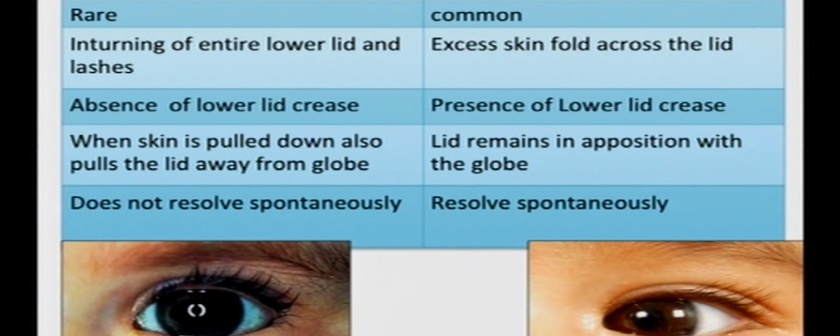Epiblepharon is more common, and once the child grows, epiblepharon is self-correcting. So you might want to offer a transient treatment in these kids, probably something like a filler injection in that excessive fold, which would transiently correct rubbing of the eyelashes on the cornea. Whereas if it is entropion, you might want to treat them right away because they are not going to be corrected by a non-surgical method.